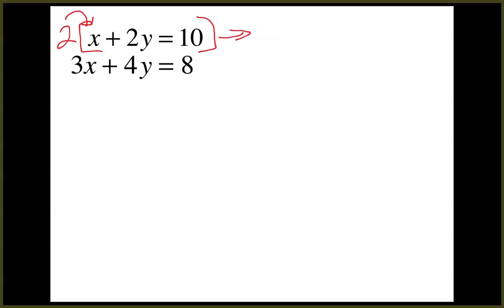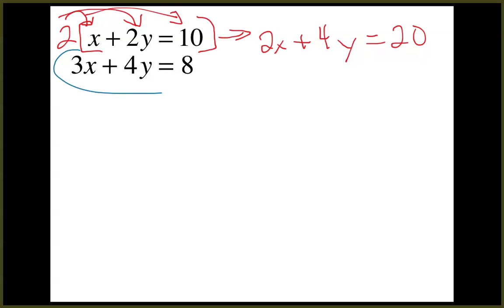You go 2x, and you go 2 times 2y is 4y, and then you do 2 times 10 is 20. And that might not seem like it helps until we see that we can subtract this whole equation. And so we're going to go minus 3x, and minus 4y. Now we see what's going to eliminate, and we're going to do minus 8.